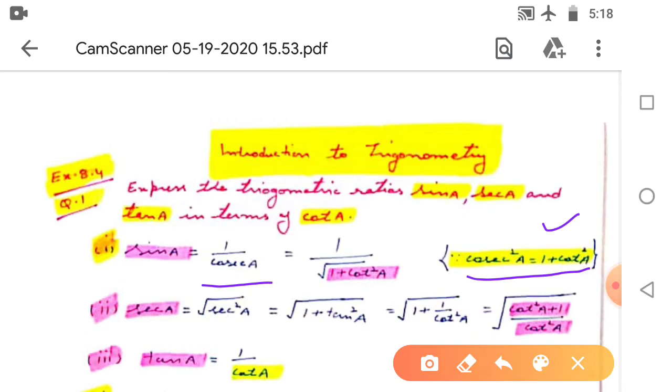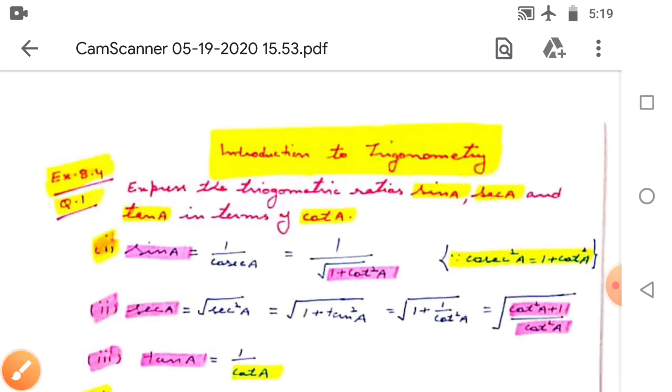So instead of writing cosec A, here we have to write under root 1 plus cot square A. The reason being the identity 1 plus cot square theta is equal to cosec square theta, right? So 1 upon cosec A, and the value of cosec A is under root 1 plus cot square A.